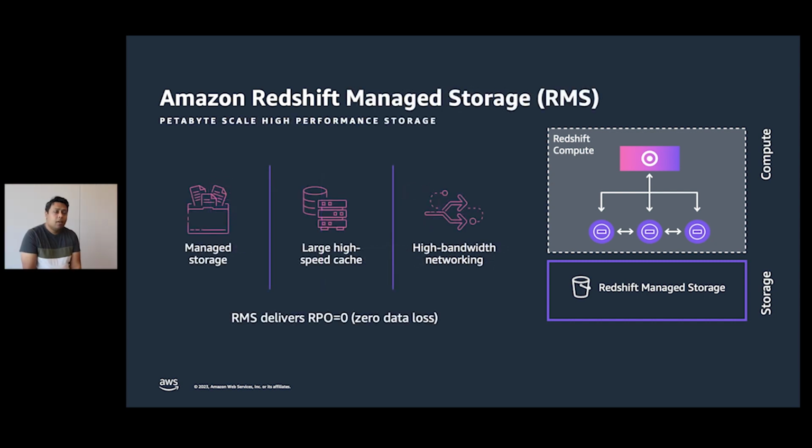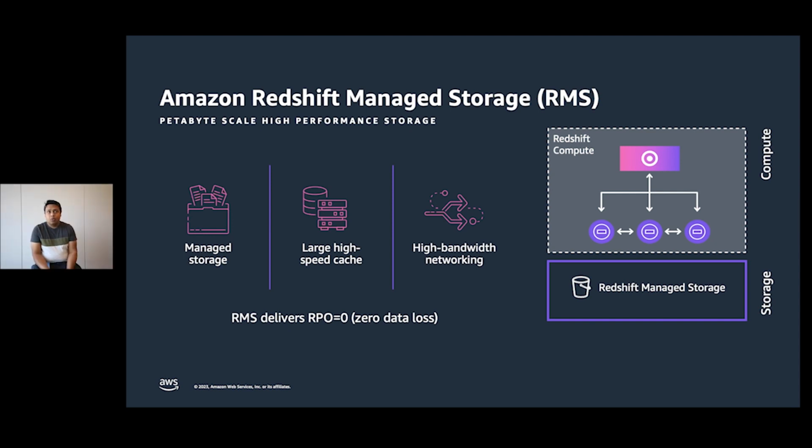Redshift Managed Storage, or RMS as we call it, has also been a game changer for our customers. It allows customers to automatically scale data warehouse storage capacity without adding any additional compute resources, and this is applicable for both RA3 and serverless workloads. The storage system automatically manages the cache to deliver high performance equivalent to a local SSD.